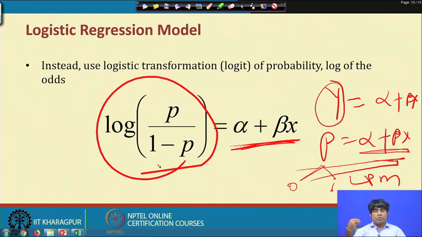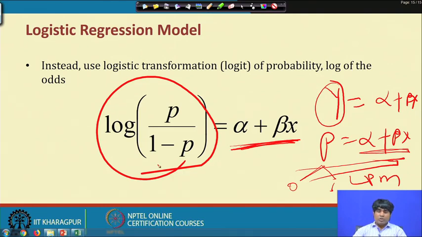So, in the linear probability models, when we put p equal to 0, and again when we put p equal to 1, you will find the ratio will be 0 to 1. Like that we have to see the transformation.